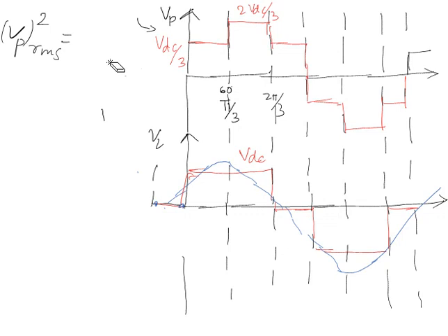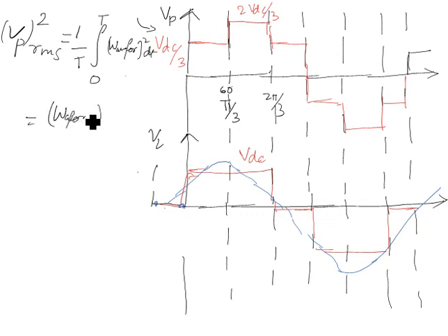If you remember, 1 upon time period, integration 0 to time period, waveform square dt, right? So if you have done this, it's nothing but waveform square into time period divided by total time period, right?